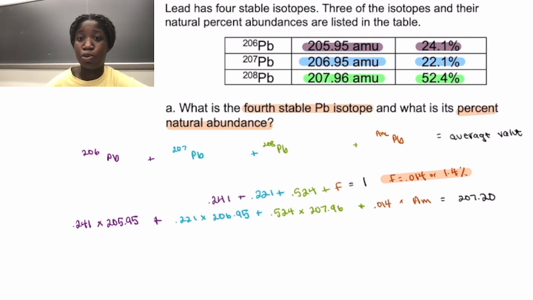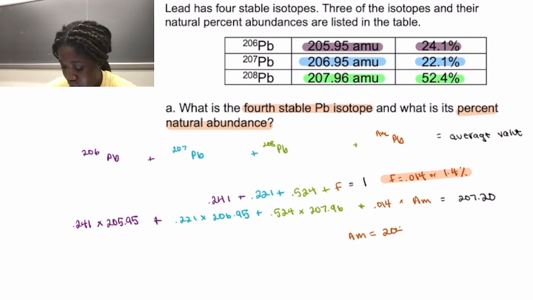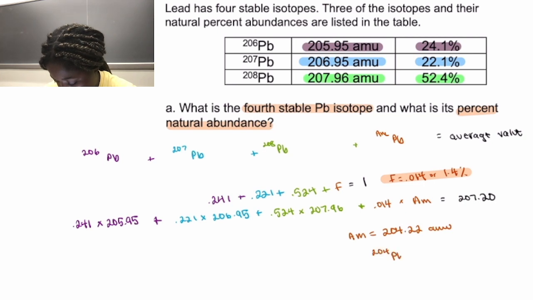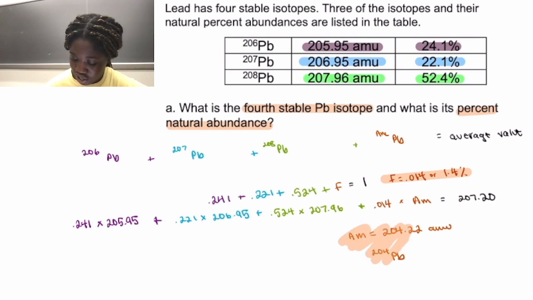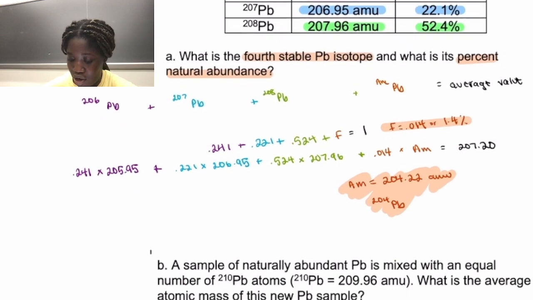And by doing some multiplication and addition, we find that the atomic mass is equal to 204.22 AMU, or that this is lead 204. Now that is part 1, or part A. Let's see what's going on with part B.